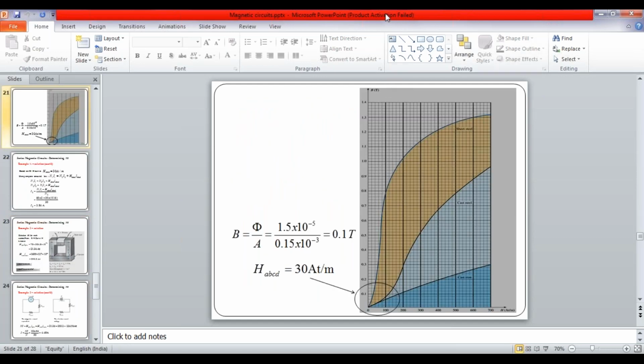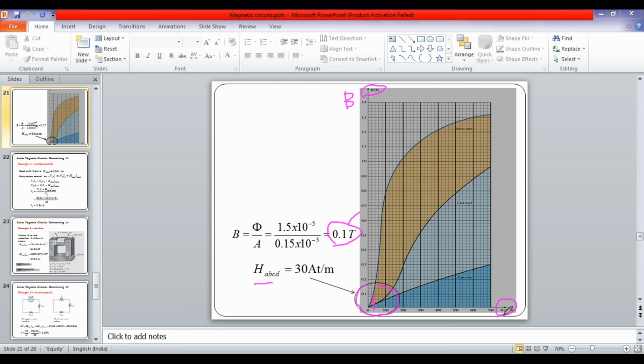From the BH loop curve, for the calculated flux density B of 0.1, we can indicate the value of H. This is the value of H.